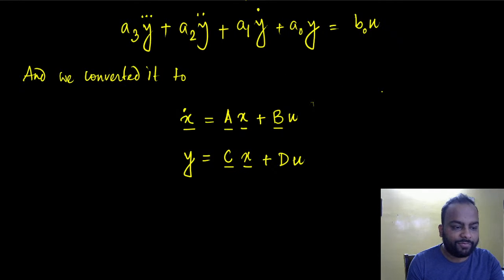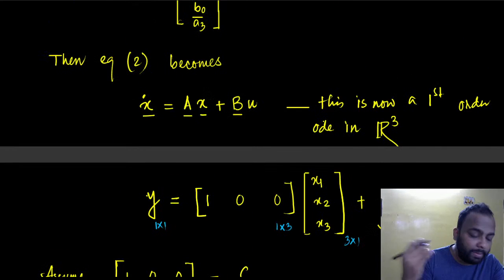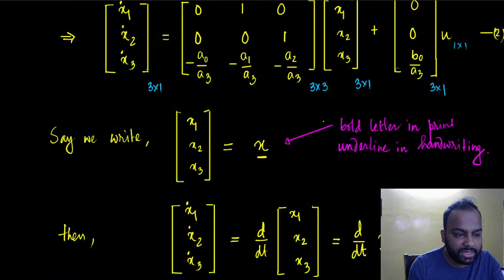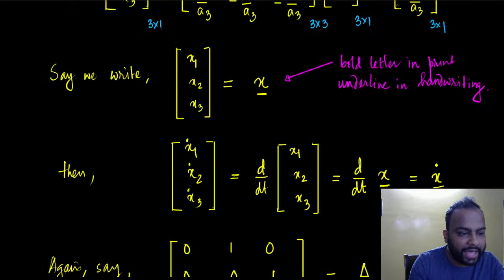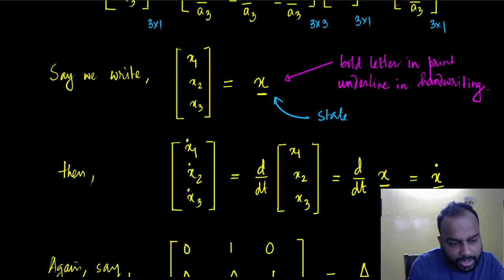Now here are a few names that you have to keep in mind. Again, the names will be pretty clear as we proceed with the discussion here. This x here is known as the state vector.